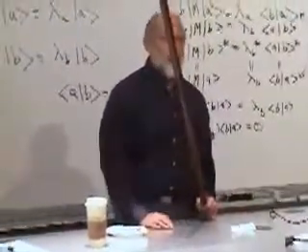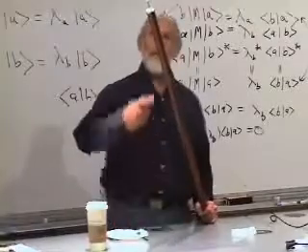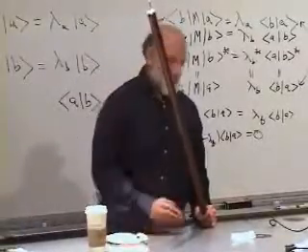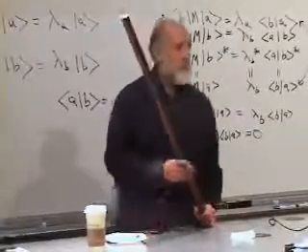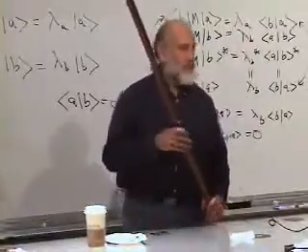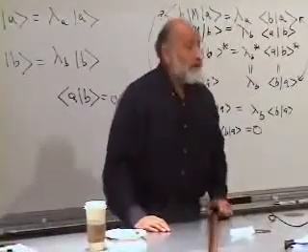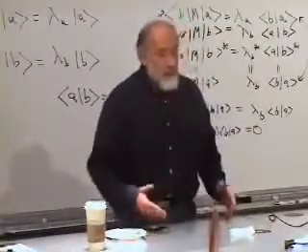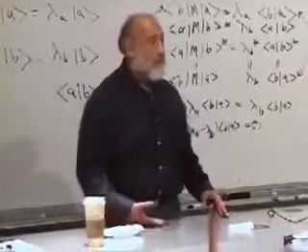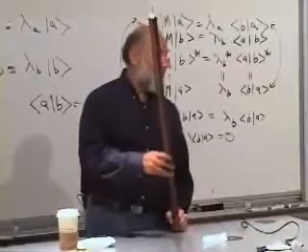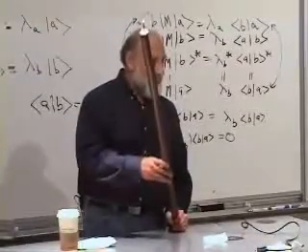You could decide to measure the x component of the magnetic moment, the y component, or the z component. You might think, classically you'd be right, that you could measure all three of them simultaneously, and in that way figure out exactly where the magnetic moment is pointing.